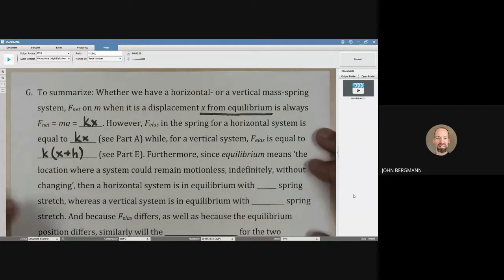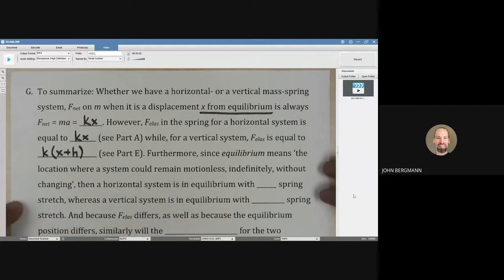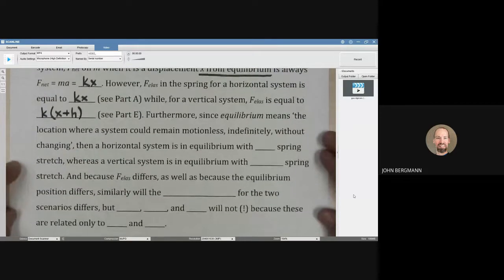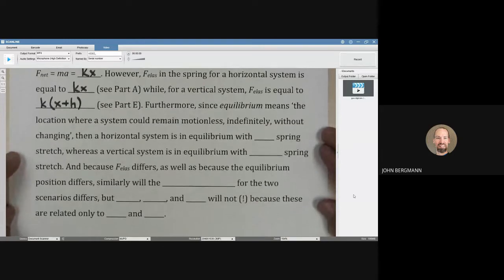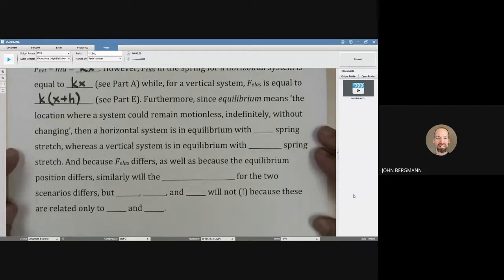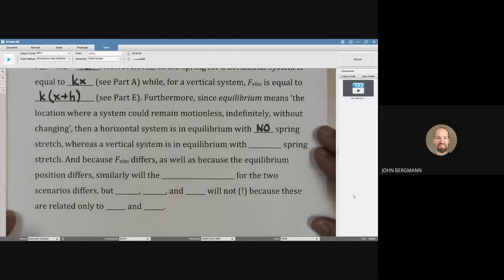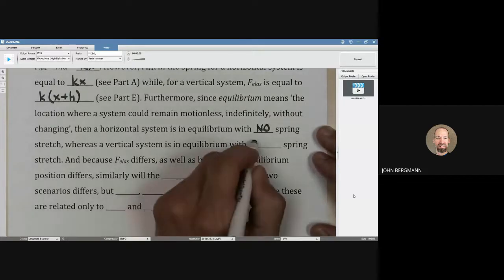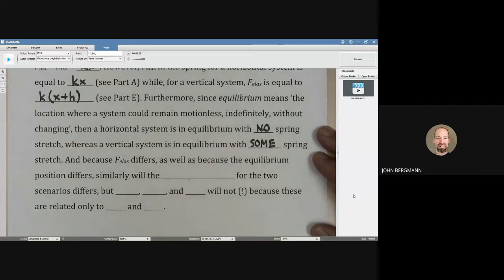Furthermore, since equilibrium means the location where a system could remain motionless indefinitely without changing, then a horizontal system is in equilibrium with no spring stretch, whereas a vertical system is in equilibrium with some spring stretch. Namely, for our case, we gave it the variable h.